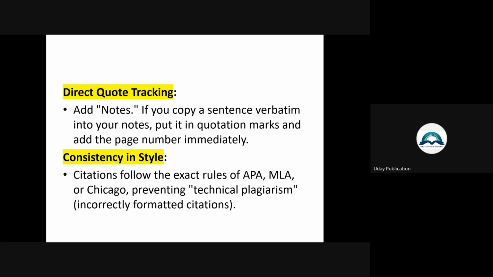So automatically you will have the direct quote on the part. Next is consistency in style. The citation follows the exact rule of APA, MLA, or Chicago, preventing technical plagiarism, that is, incorrectly formatted citations. Consistency of styles can also be managed.